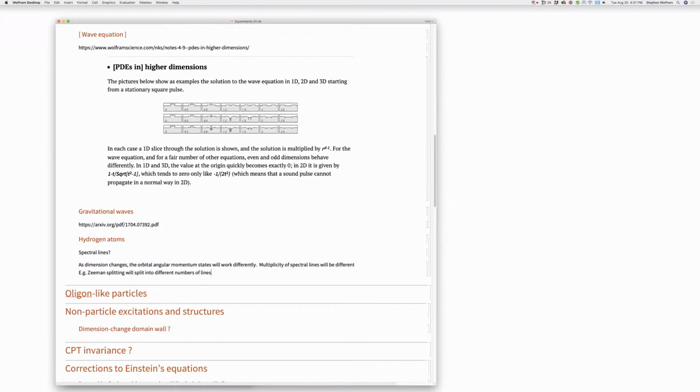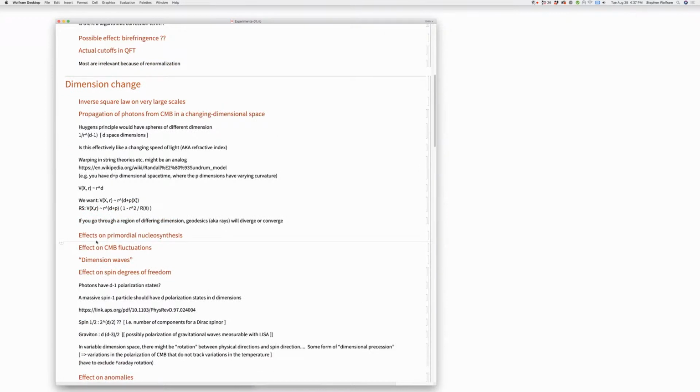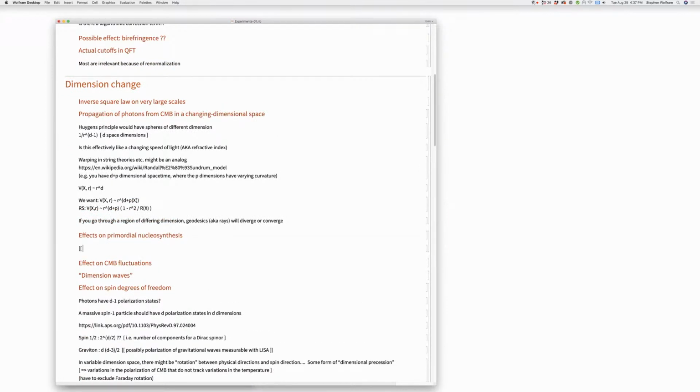Is there any effect on nuclear synthesis? An obvious effect? I bet there is. I bet that in nuclear synthesis which nuclei are stable will vary.